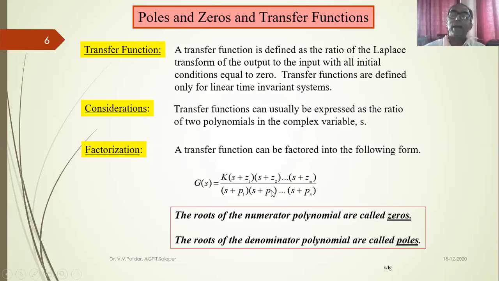For the factor S plus 6, at S equal to minus 6, the denominator becomes 0 and the ratio becomes infinite. And for S equal to minus 7, I got the third pole.